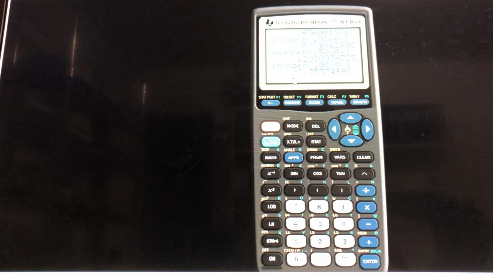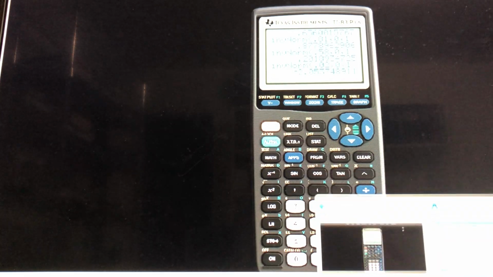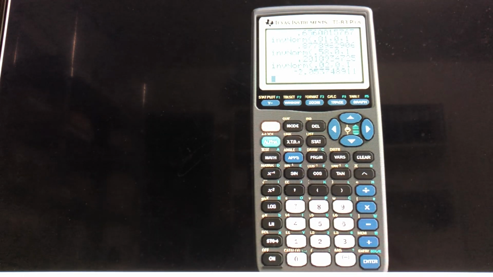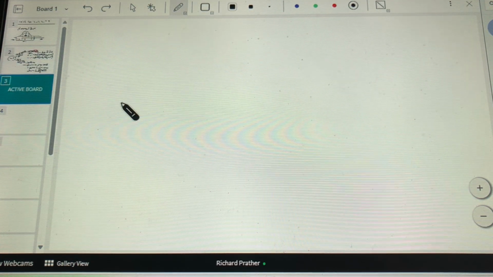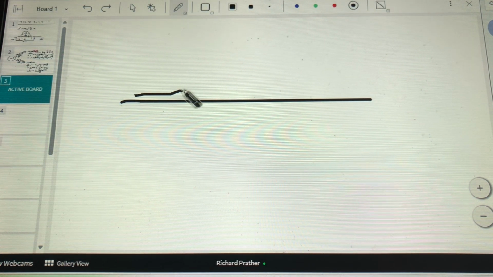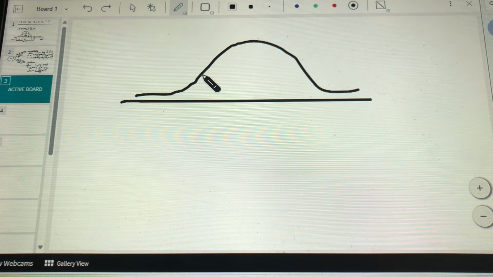Now here's an issue too. When there's 96% in the middle, where is it? Okay, here we can go. When you have 96% in the middle, you're actually getting 2 z-scores.